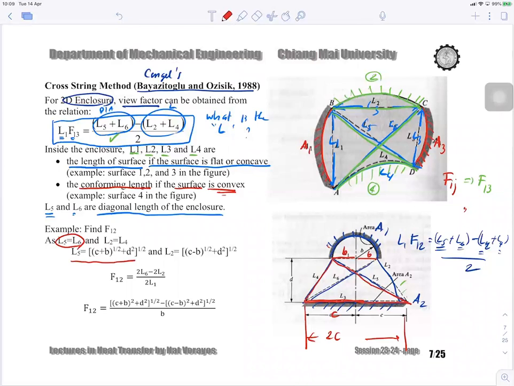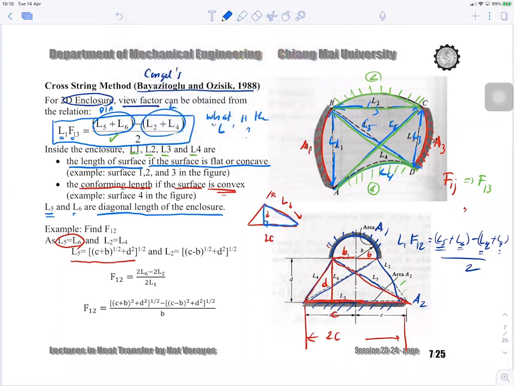And over here is the length D. So you have a triangle like that, with 2C, and this is D. How do you find the length over here? This is L6. Take a look at this triangle.